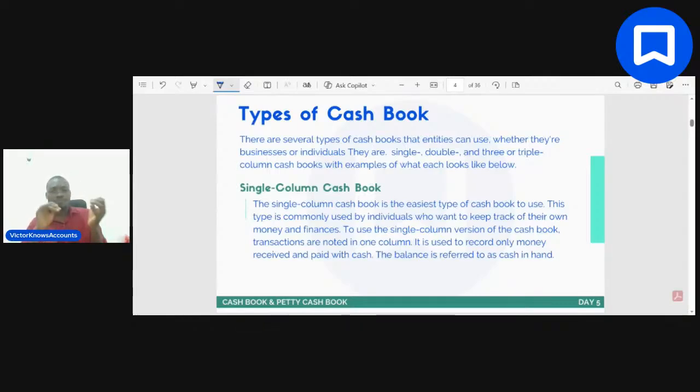We have the single column cash book, the double column cash book, the triple column or three column cash book, and then we also have the petty cash book. Each of these we're actually going to explain.